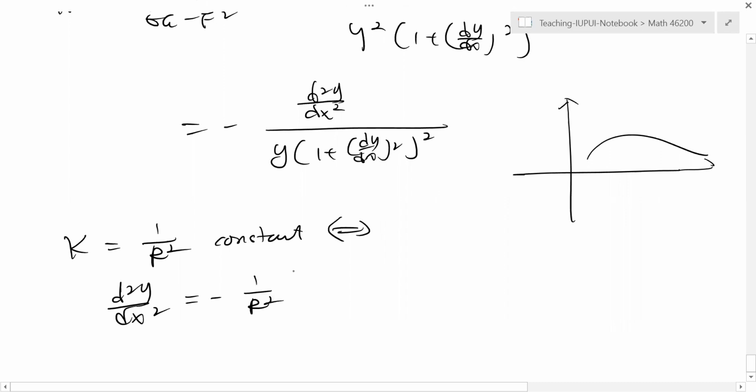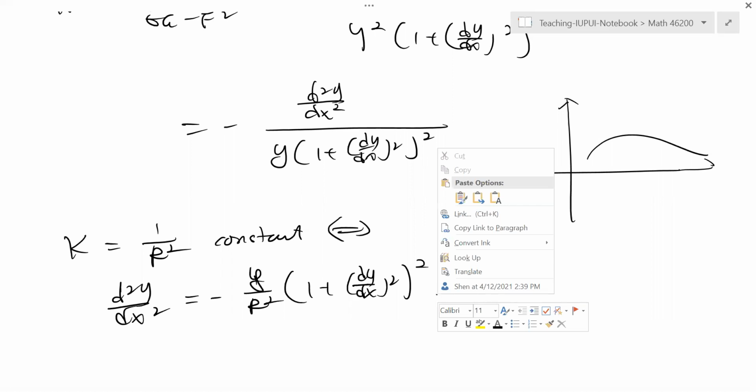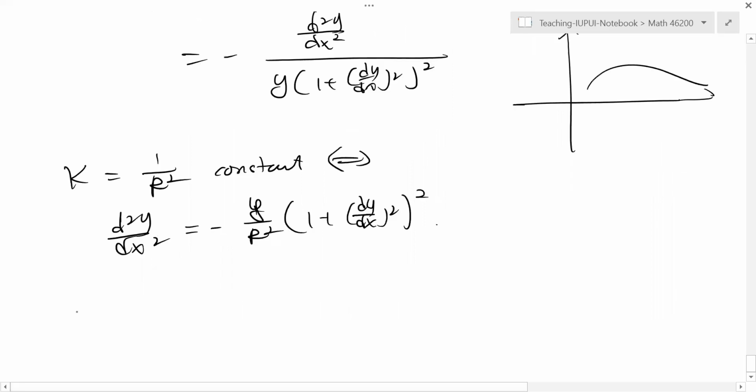You can just solve this equation. This is a fully nonlinear equation, right? But you can solve this. You can describe it, okay? And H is going to be 1 over 2r, constant for some r, if and only if you get the above equation.